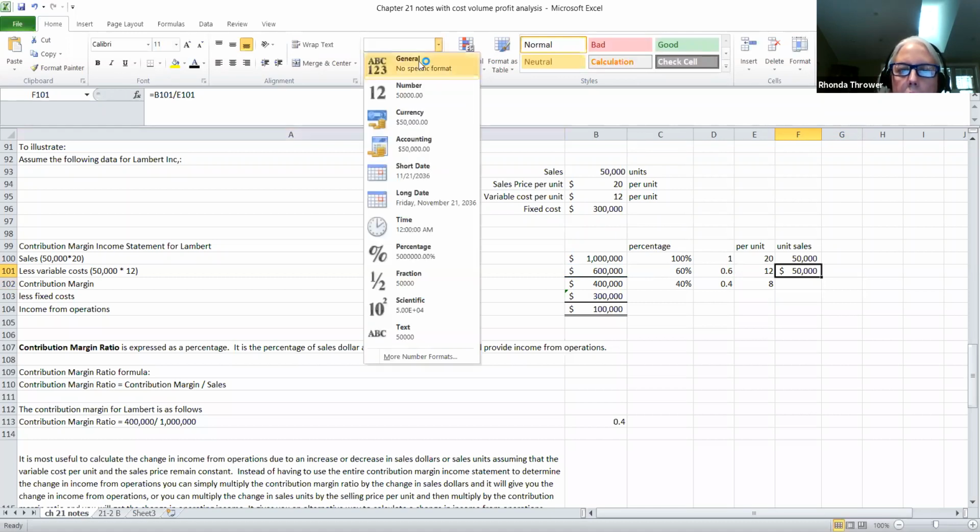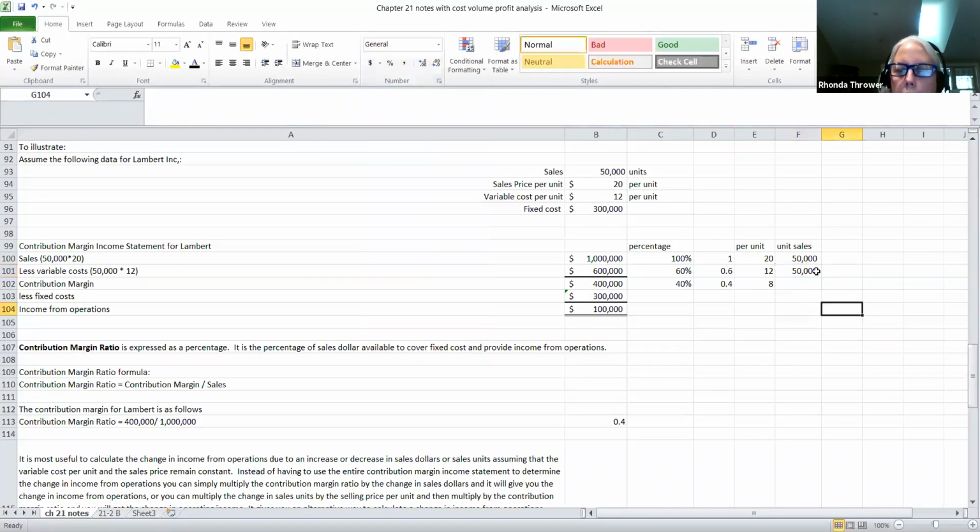Again, let me change that to general so it will show as units. That's just an Excel thing. In other words, if I divide 8 into 400,000, it gives me 50,000 units that I sold. So there's a relationship between all these numbers. 50,000 units times $20 is $1 million. It's also 100% of sales.